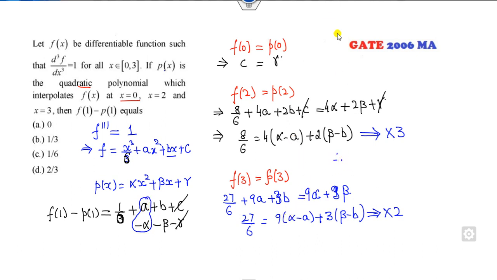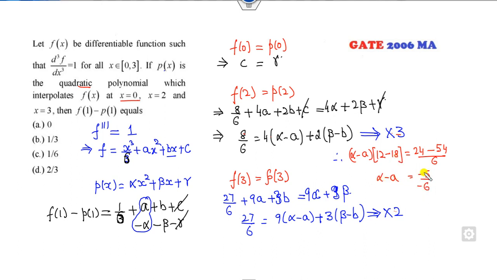So from here, if you solve them, alpha minus a times my 12, this is my 18, which is equal to 8324 minus 54 divided by 6. So it comes to be minus 5 over 6.